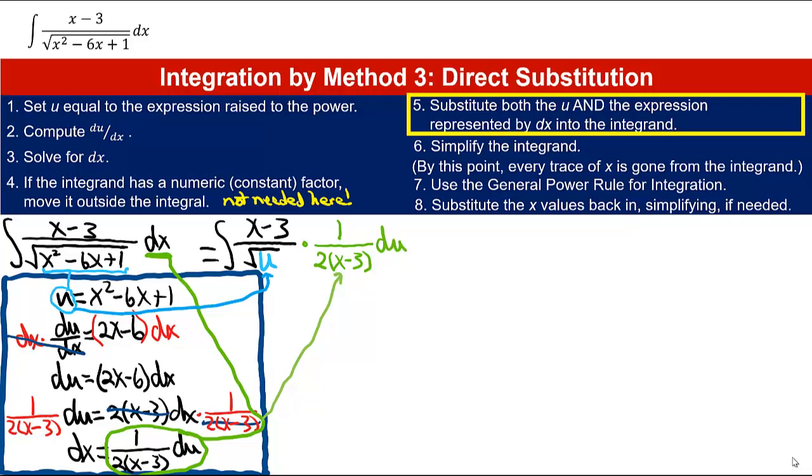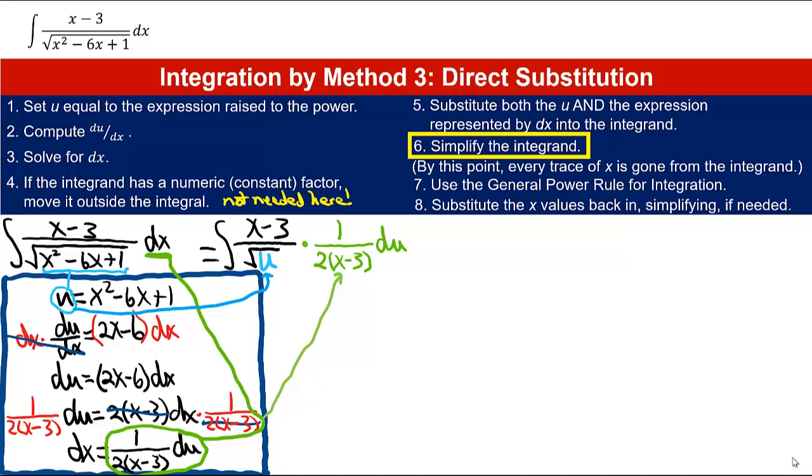The dx we found by our calculation to be 1 over the quantity 2 times x minus 3 times du, so that comes out as du, and now it needs to be simplified. Notice that the x minus 3 in the numerator divides out with the x minus 3 in the denominator, and that's going to happen if you've done this correctly. Your x's and dx's have to come out of there.